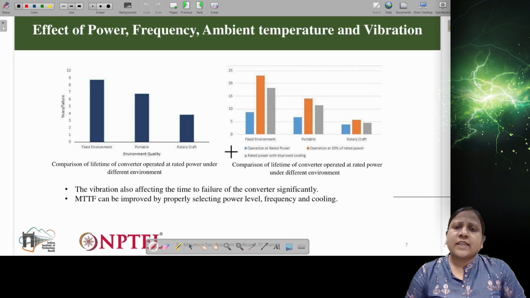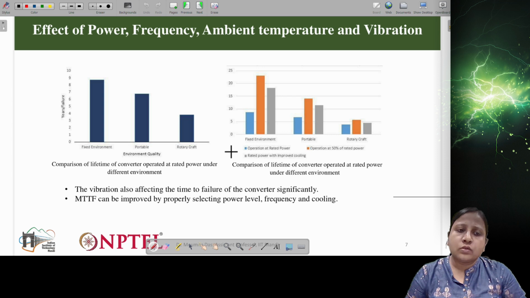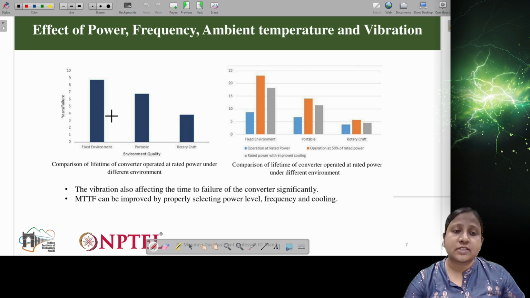You can see here one example is given, of how the environmental factor and the power level will affect the failure rate. You can see the left-hand side, the first waveform. The first one is with respect to a fixed environment, the second one a portable environment, like for EV applications, where you can carry it.